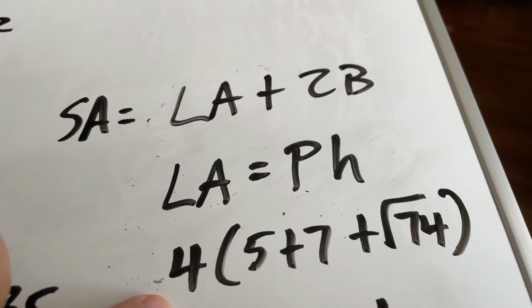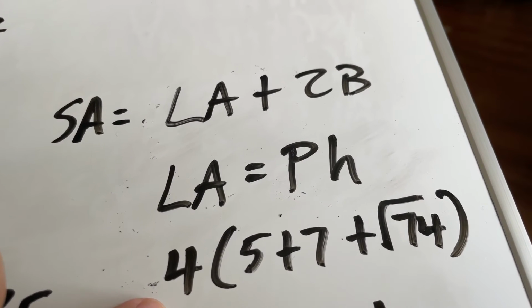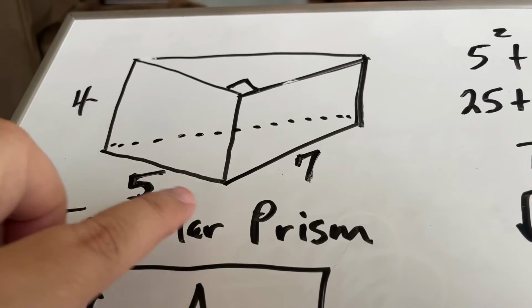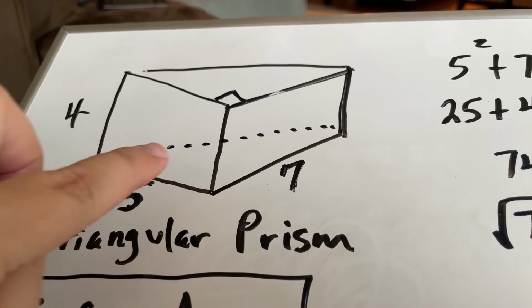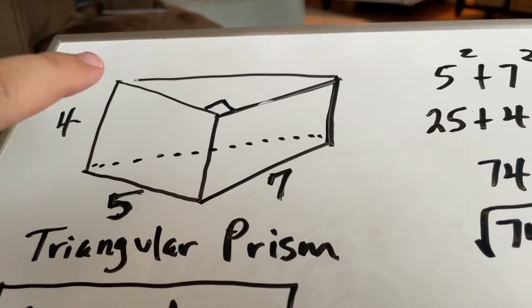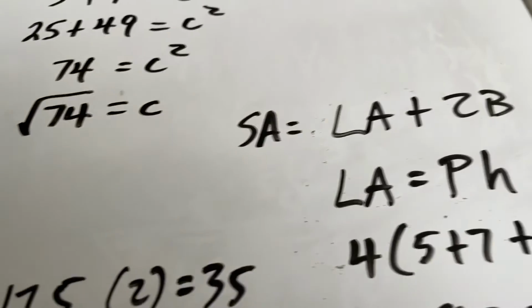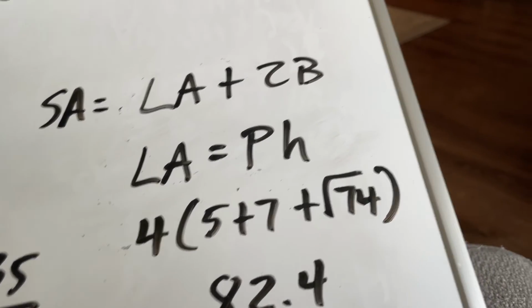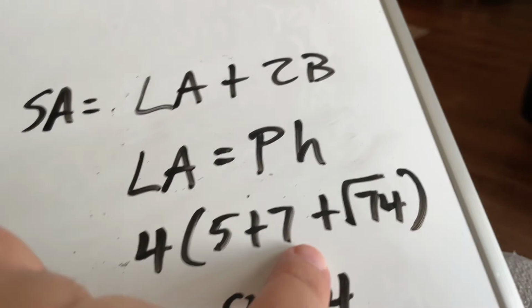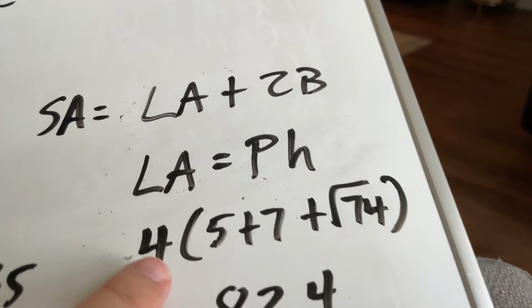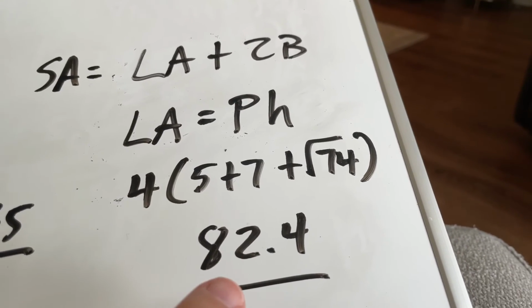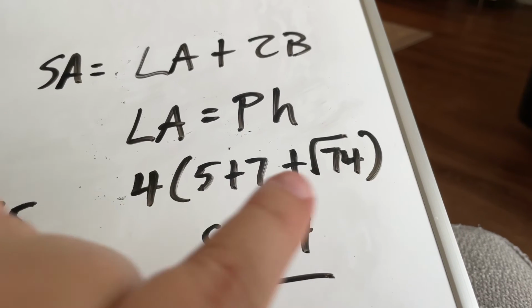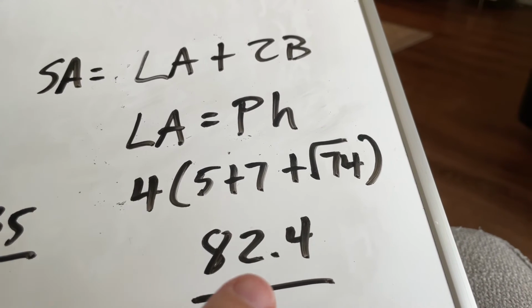So the lateral area is the perimeter of the base, 5 plus 7 plus the square root of 74, times the height, 4. Add these together first and then multiply by 4, and you get 82.4.